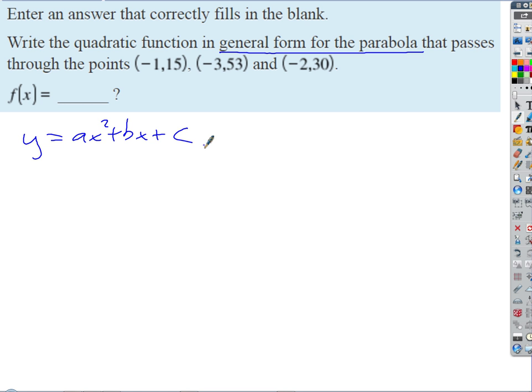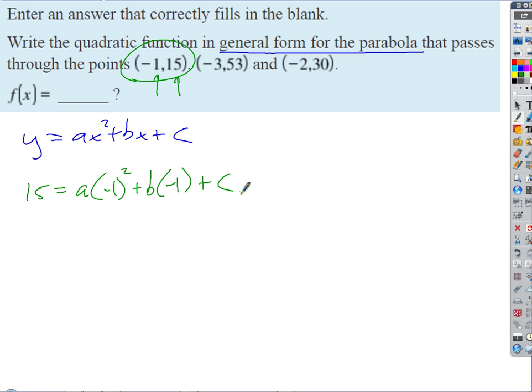Okay, so what does this first point tell us then? First point tells us that if x is negative 1, y is 15. So that would tell us, if we plug these values into our general form, that we end up with 15 equals a times negative 1 squared plus b times negative 1 plus c.